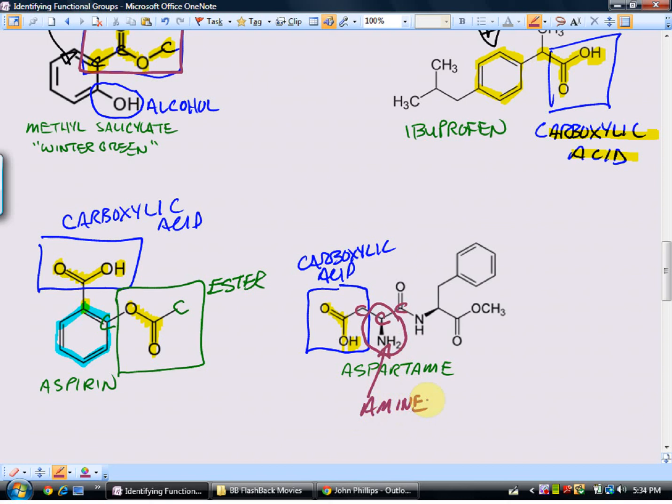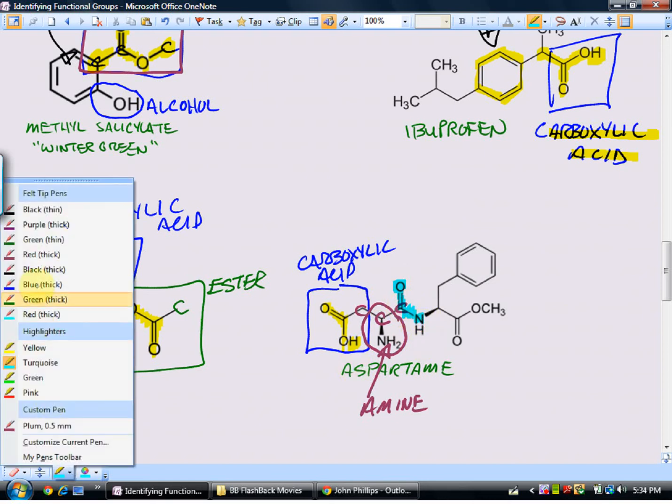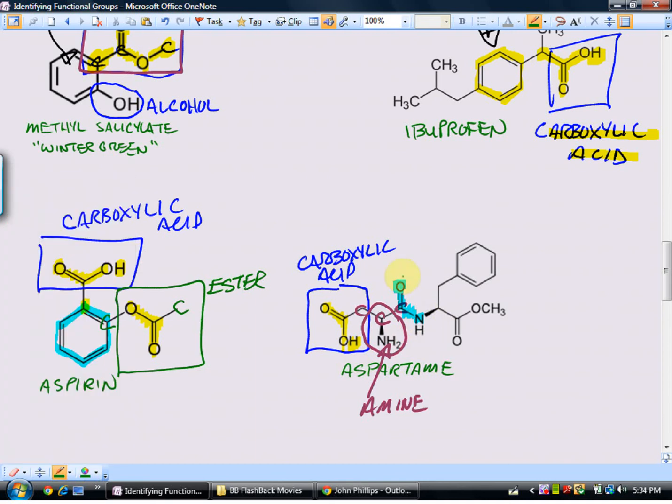Look a little more closely. We see carbon-oxygen double bond connected to a nitrogen. Altogether, that is an amide group. Okay, there's our amide. What else do we see? One last group. Look over here.